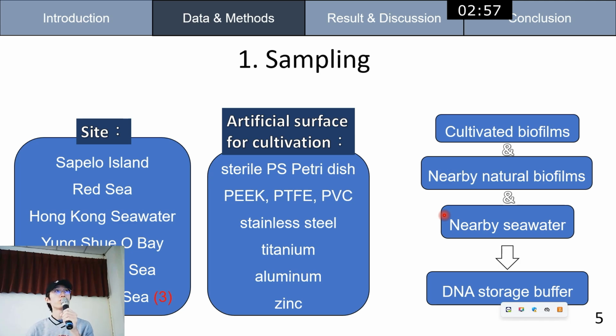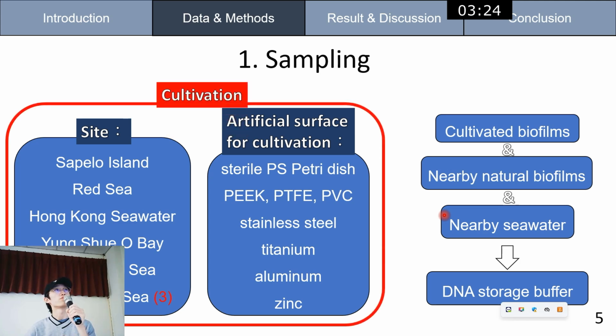For the artificial surfaces for cultivation, we use a sterile PS Petri dish, and PEEK, PTFE, and PVC, which are common artificial polymers. Then we used some metals: stainless steel, titanium, aluminum, and zinc.